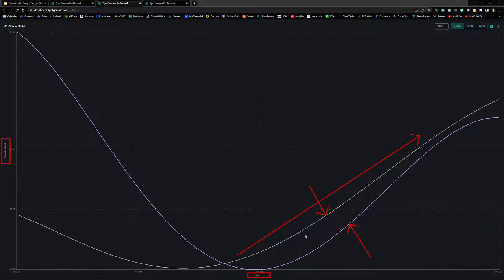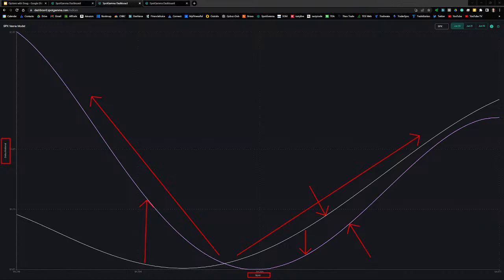So this is showing as price increases, market makers will have slightly less delta notional to hedge, as predicted by the delta only curve. On the other hand, as price decreases, they will have significantly more delta to hedge. And this is typical on the left side of this curve of a negative gamma environment.